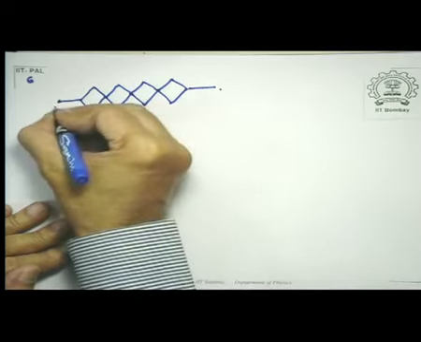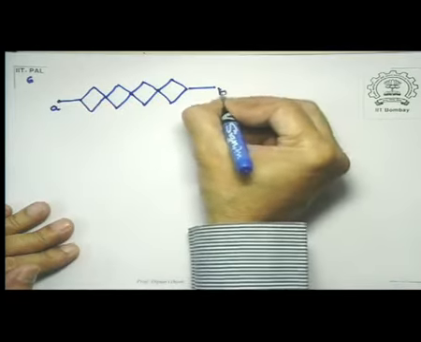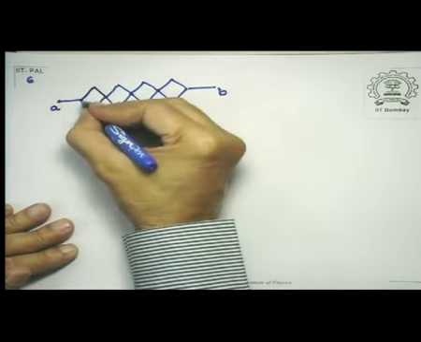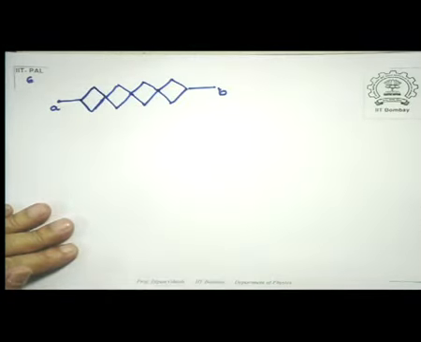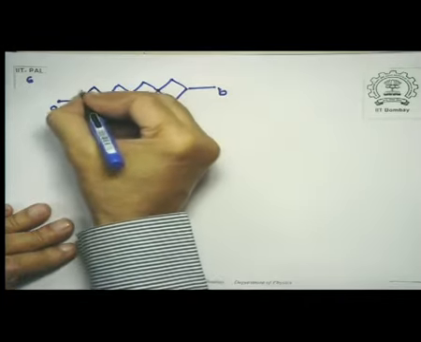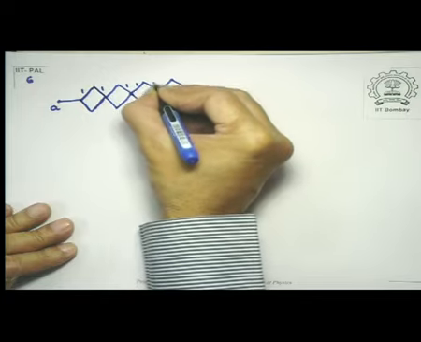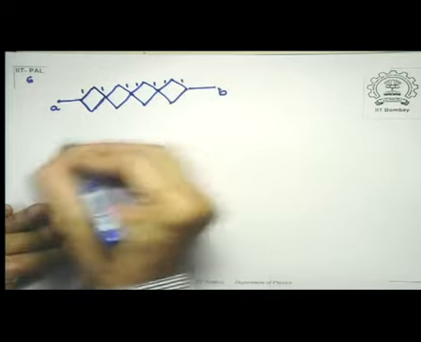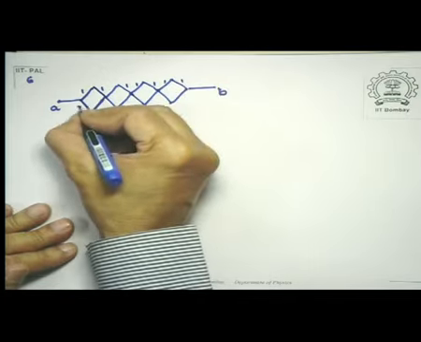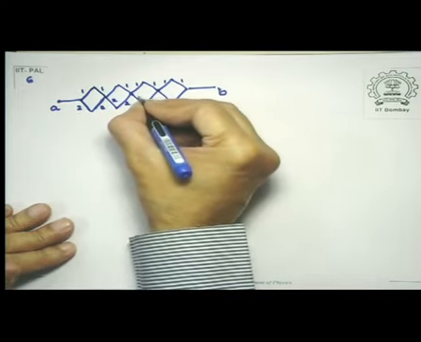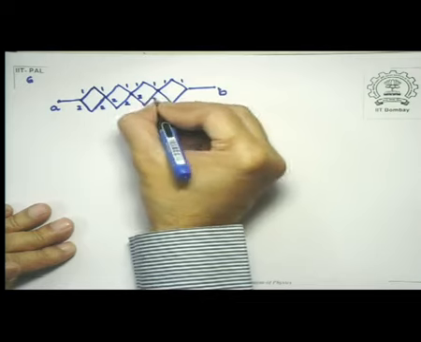So this is A, this is B, and what I am saying is these are all resistances, and the upper part each is 1 ohm and the lower part of each is 2 ohms. The connecting wires are of course not resistances.